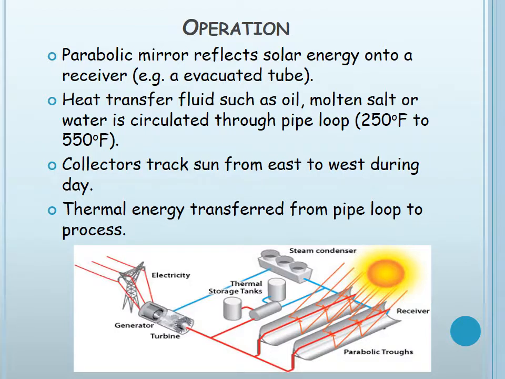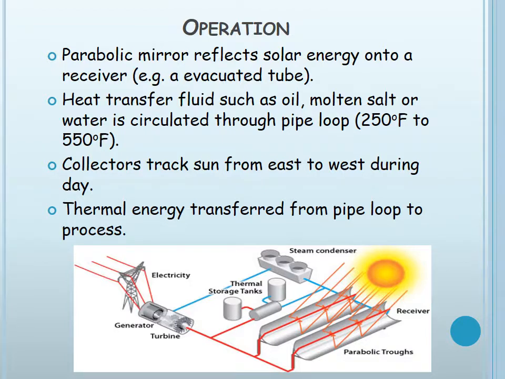Second, heat transfer fluid such as oil, salt, or water is circulated through the pipe. So there's a fluid flowing in the pipe. What happens generally is when the sunlight falls on the pipe, due to the heat, the oil or the salt gets heated up to a temperature from 250 to 500 degrees Fahrenheit. So due to heat, it then generates the electricity.